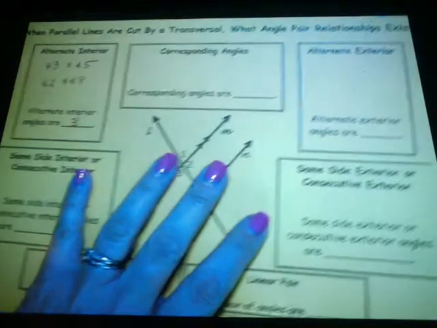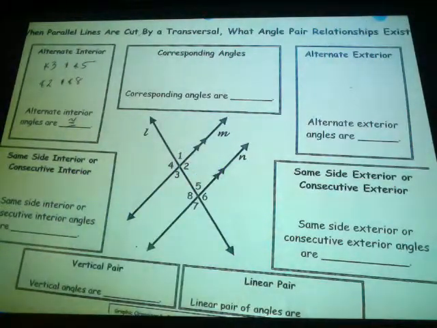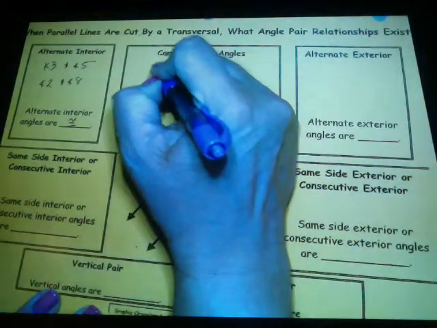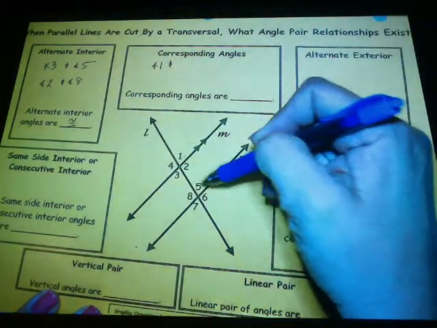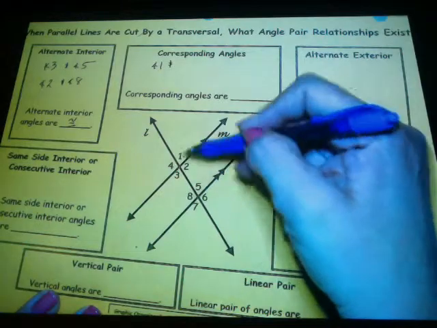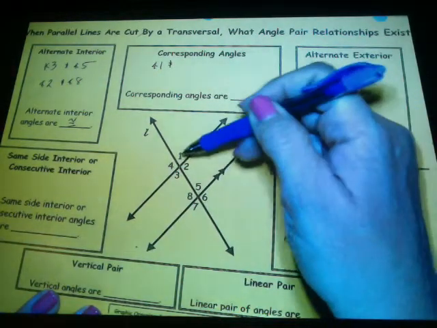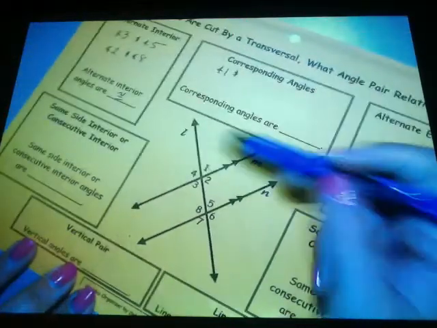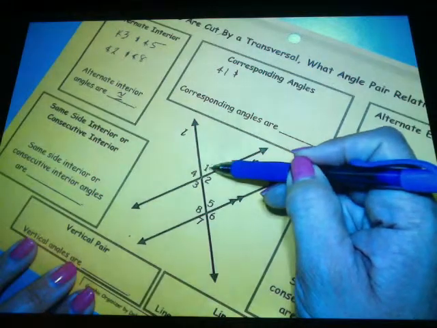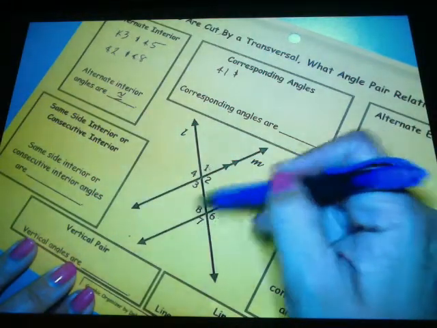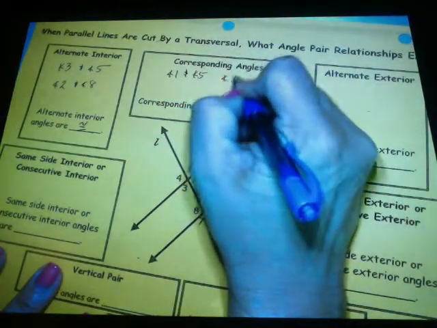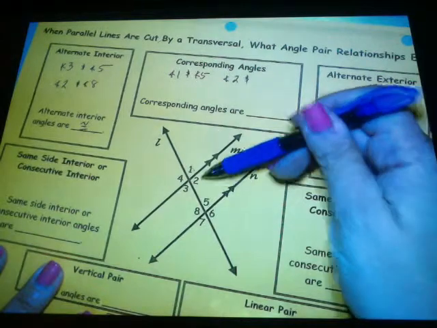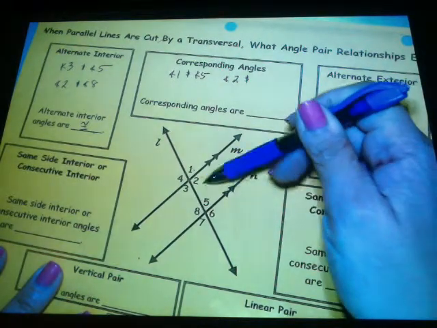Then corresponding angles. So name all the pairs of corresponding angles. Start with 1. Angle 1 is corresponding to what angle? 7 would be alternate exterior. If you think of it this way, tilt it this way, isn't this in the upper right position? What's in the upper right position here? 5. So we've got angle 1 and angle 5. Angle 2 and angle 6. Does everybody see that?